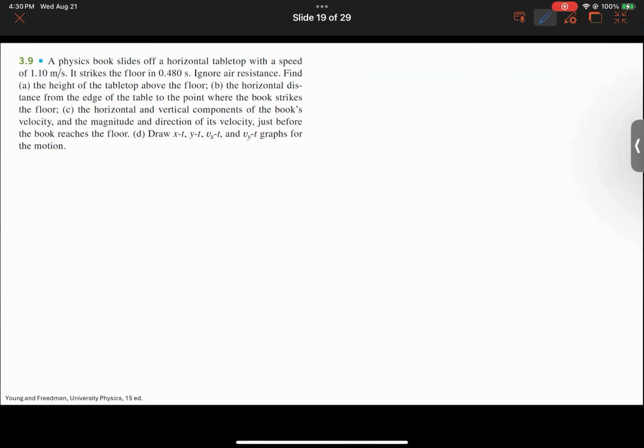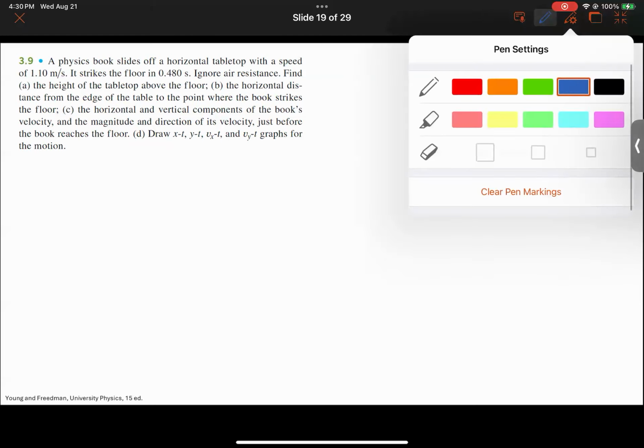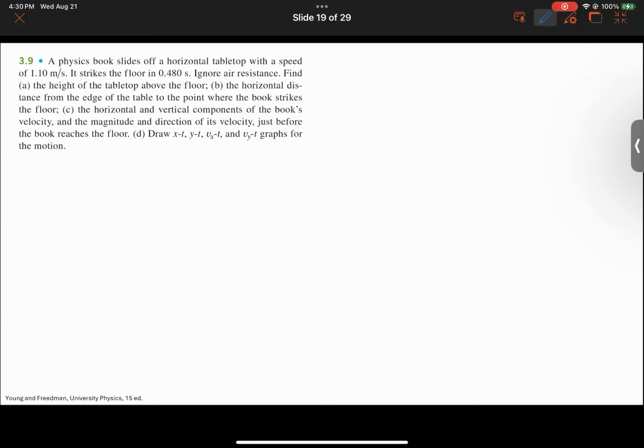B, the horizontal distance from the edge of the table to the point where the book strikes the floor. C, the horizontal and vertical components of the book's velocity just before it reaches the floor, and D, the magnitude and direction of its velocity just before it reaches the floor. And E, draw x-t, y-t, vx-t, and vy-t graphs for the motion.